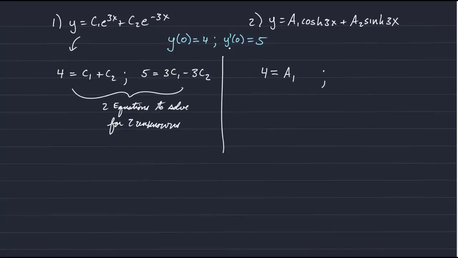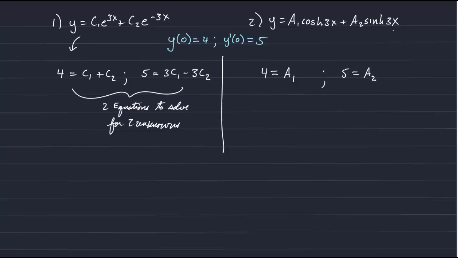And if we take the derivative of y, we'll get a sinh function on the left and a cosh function on the right. And the derivative of sinh is cosh 3x. So the second condition will give us 5 is equal to a2. Because again, sinh of 0, which is the derivative of cosh, will be 0.